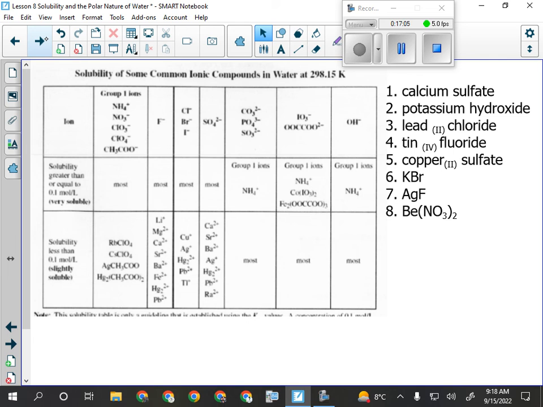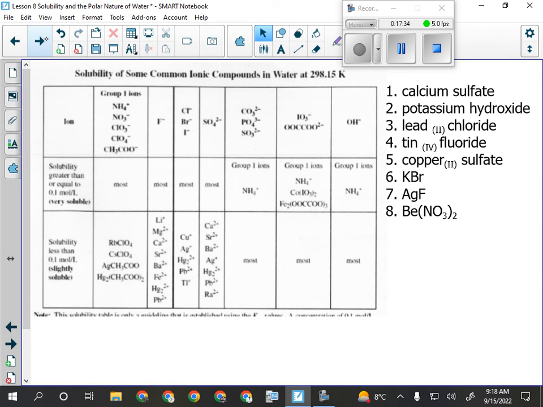Along the top row of the chart, there's a list of negatively charged ions. Actually, there's one positively charged one: ammonium. Then nitrate, chlorate, acetate, fluorine, chlorine, bromine, iodine, sulfate, carbonate, phosphate, all those kinds of things.